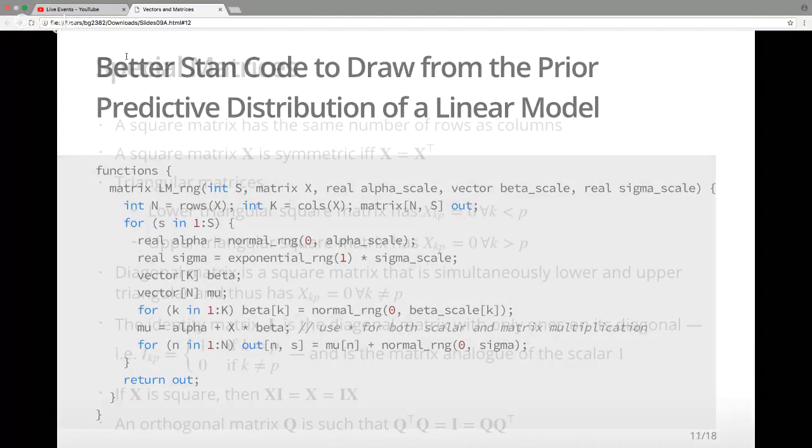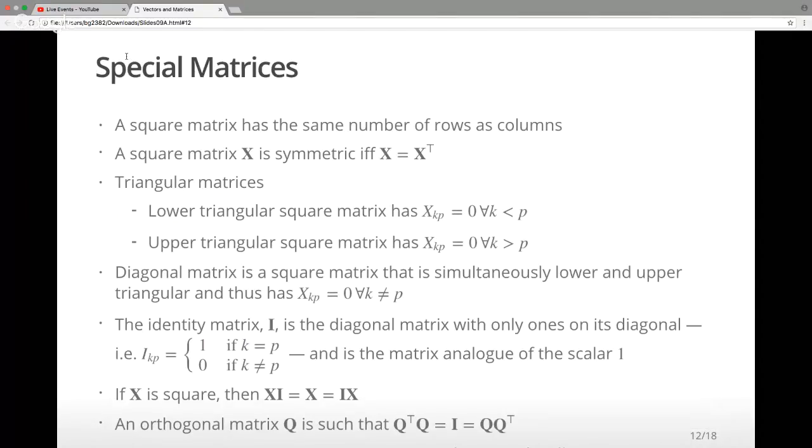All right, rolling along. There are a variety of matrices that have special names or special adjectives associated with them. So one is a square matrix. That is a matrix that has the same number of rows as it has columns. A square matrix X is said to be symmetric if and only if it is equal to its own transpose. The transpose of a matrix switches the column and row indices of the scalars contained in that matrix.